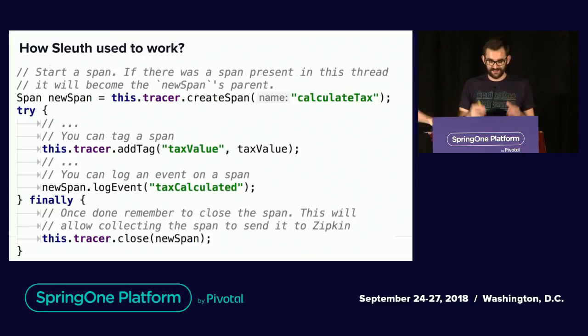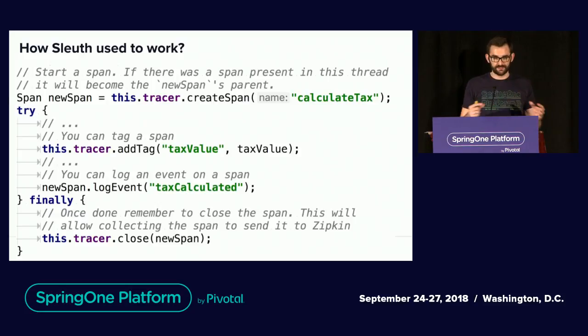So in this, the tracer creates a span with a given name. What is important is this span is started and put in the context. So it's available, it's in the thread local, it's there. There's no other way to create a span, let's say in an easy way, other than this, right?